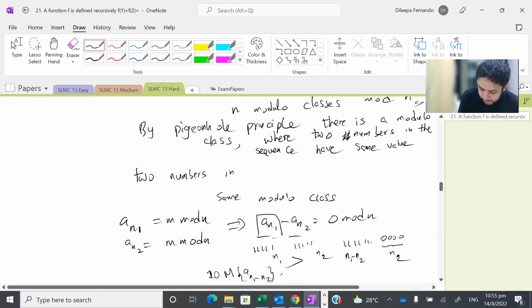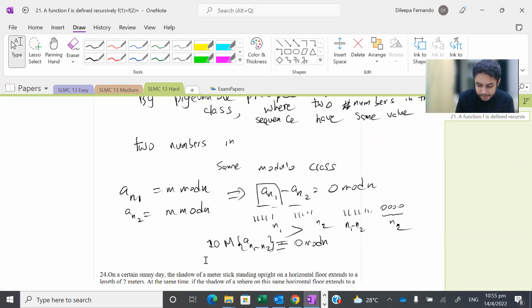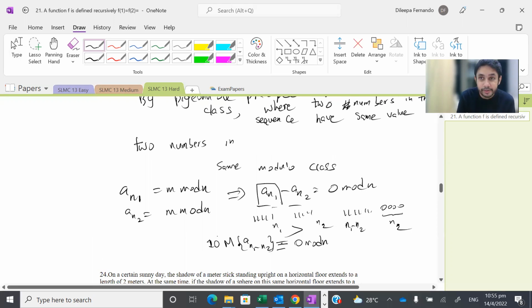You know that this is 0 mod n, right? Now there's only one step to be done. You know that n is not a multiple of 2 or 5. That means n is not a multiple of 10.